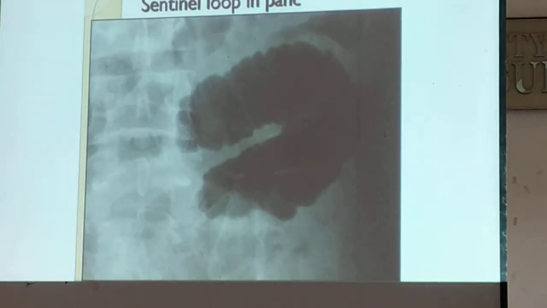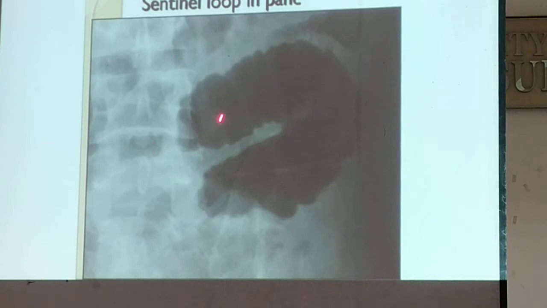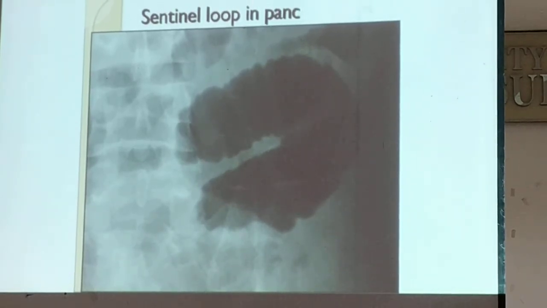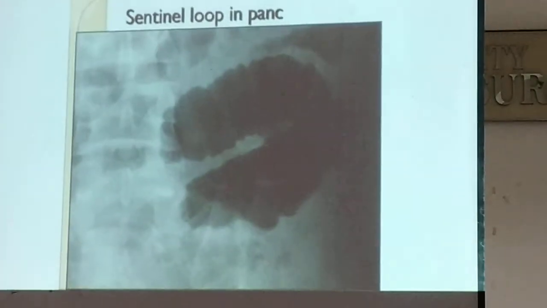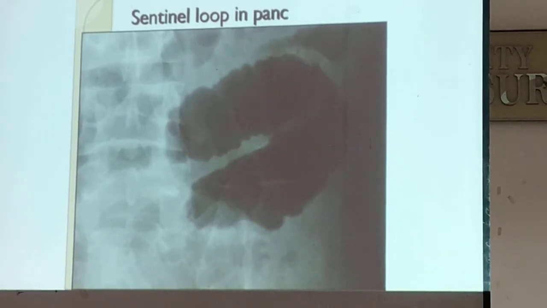This is the appearance of your sentinel loop. Parang inverted U-shape siya. Okay? Parang it's just like a magnet. This is the North Pole and then probably this is the South Pole. Okay?